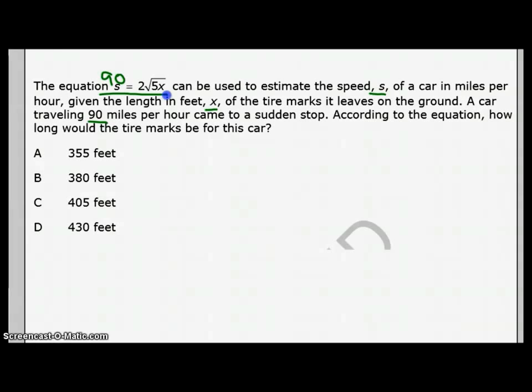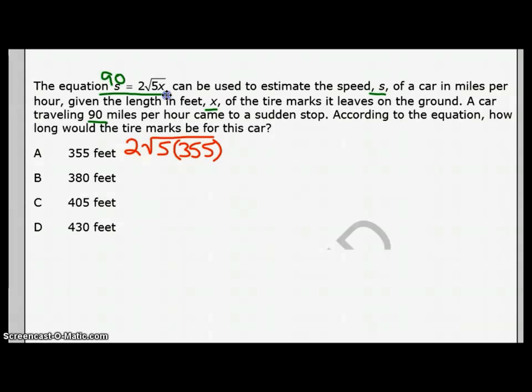One way to solve it would be to write out 2 times the square root of 5 times each number, and to do that 4 times or until you come up with an answer of 90.